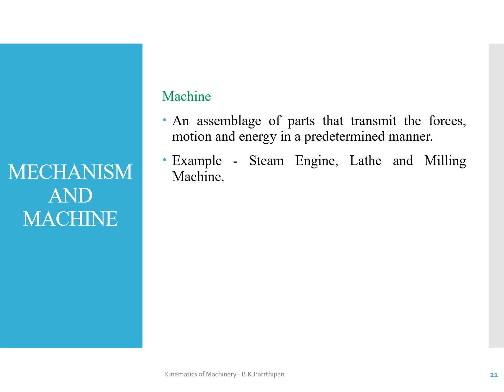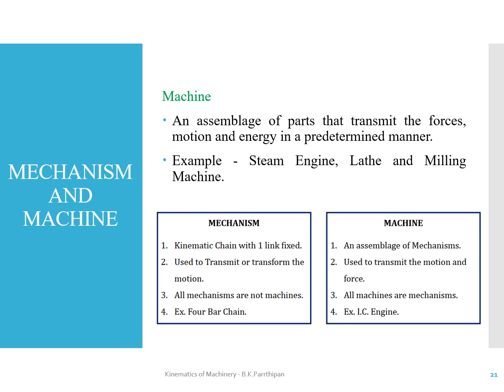The examples are steam engine, lathe machine, milling machine. So the basic difference is, a mechanism is defined as a kinematic chain with one link fixed, while a machine is an assemblage of mechanisms.